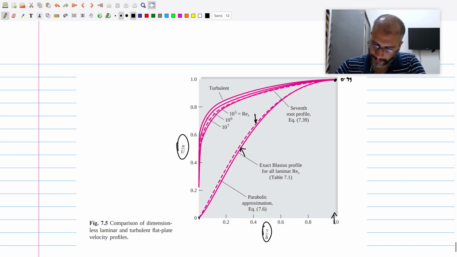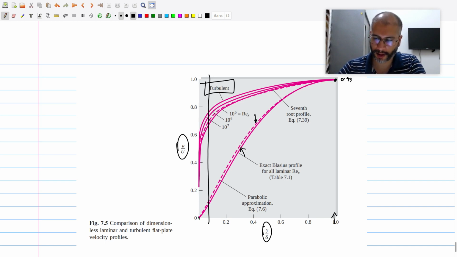Right, but this was laminar. We have some data available for turbulent flows, and what we see is that the value of x velocity increases very sharply in this region where y is close to the solid surface, and then it becomes flat.